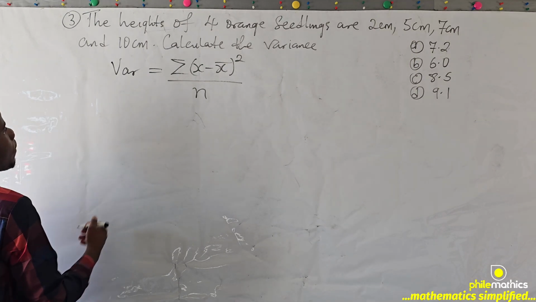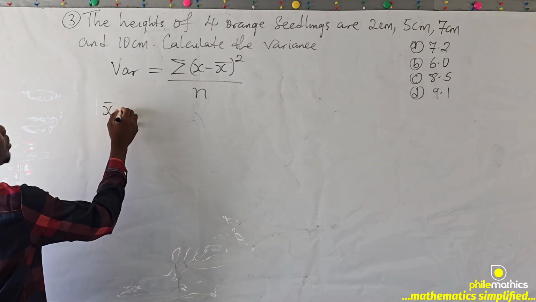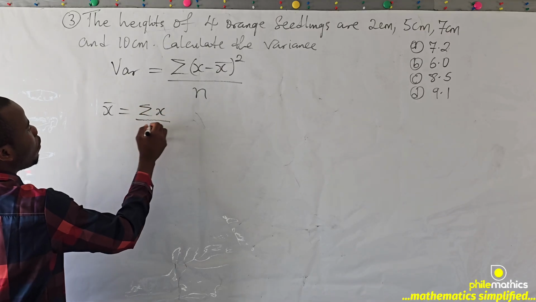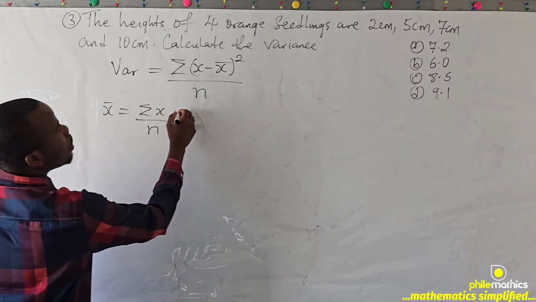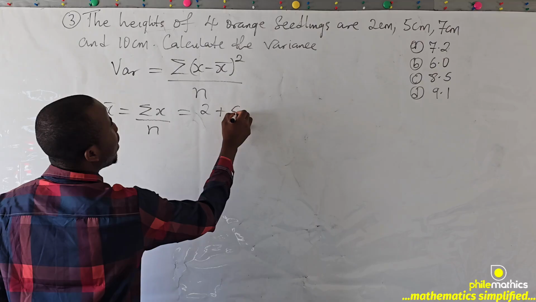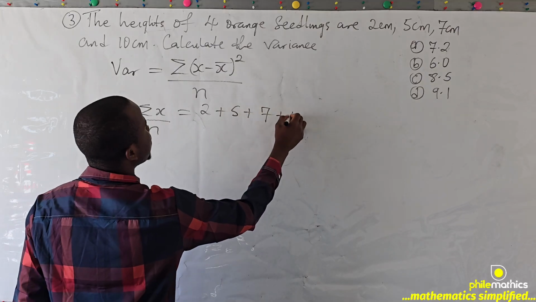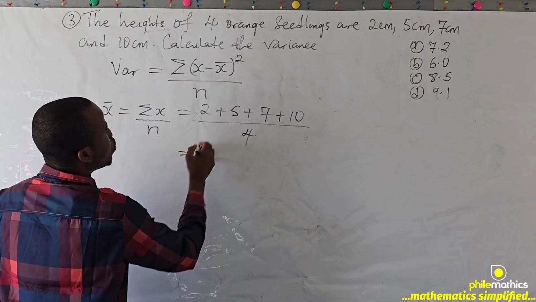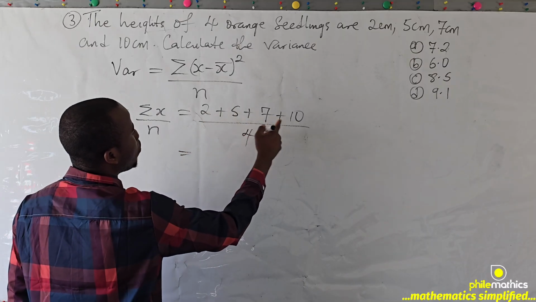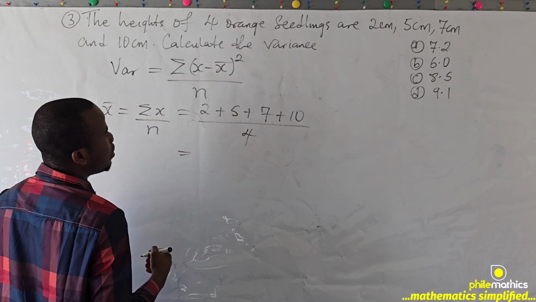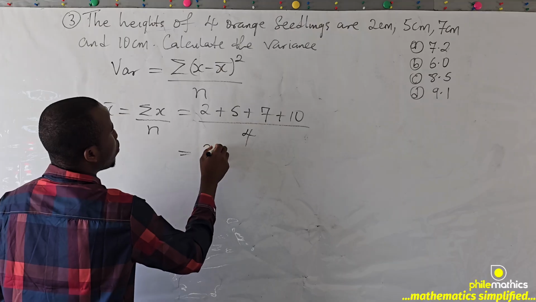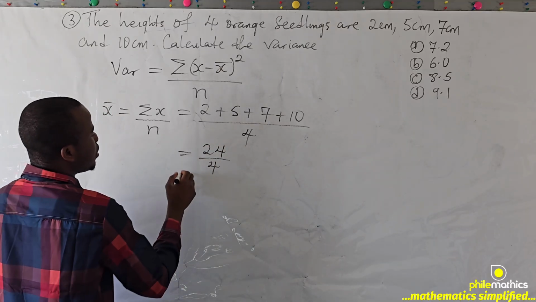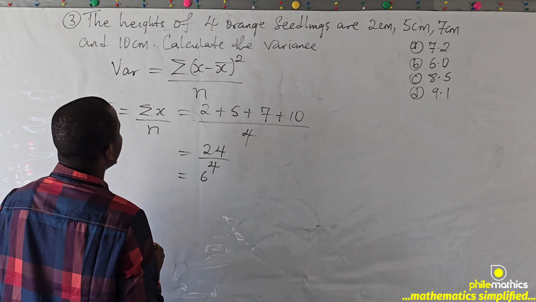And so the mean is simply summation of x over how many data are there, which is 2 plus 5 plus 7 plus 10 over their number 4. 2 plus 5 plus 7 plus 10 is 24 over 4. If we divide this, it is simply 6.